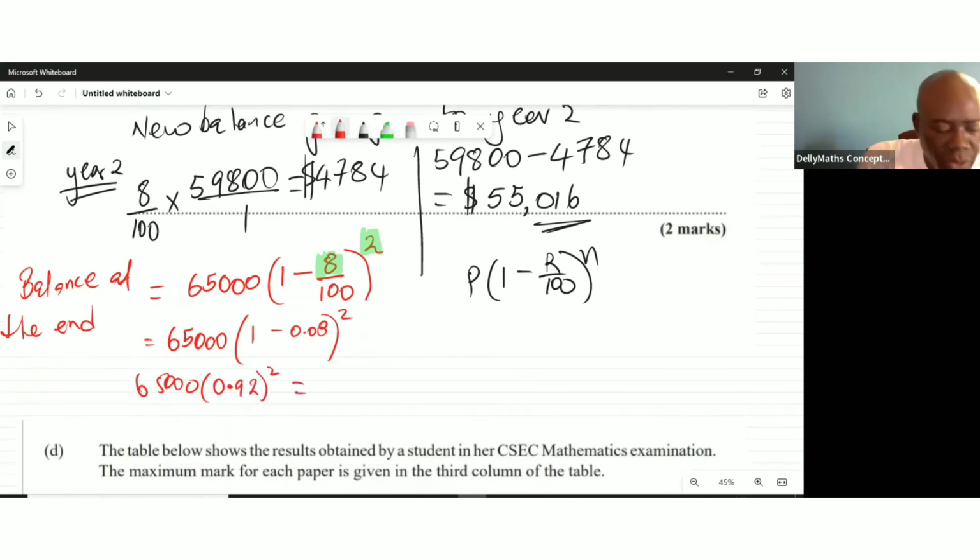So let's put this on our calculator, 0.92 squared times 65,000, and we should still see the same answer as $55,016, just like what we did there.